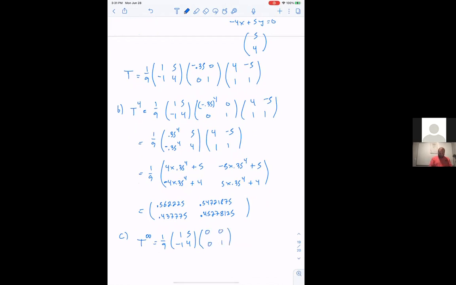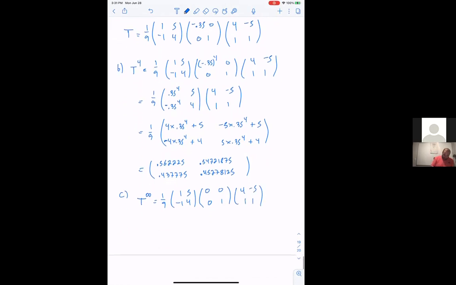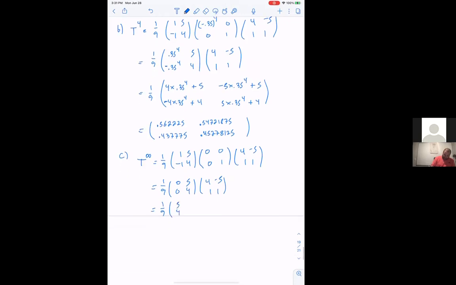Keeping the 1/9, we get 5, 4, and then we get 5, 4. So 5/9, 5/9, 4/9, 4/9.